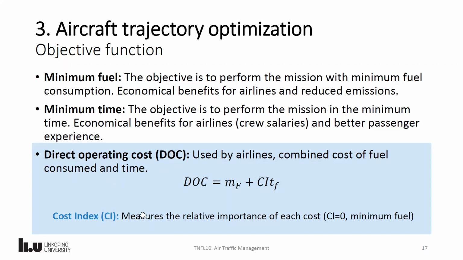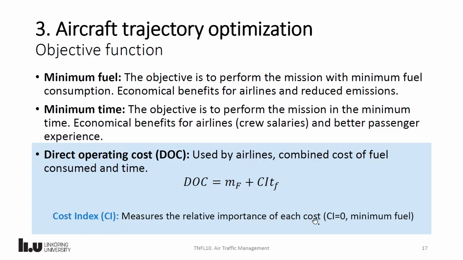It's usually abbreviated as DOC, and is the sum of the consumed fuel and an index that is called the cost index times the time of the mission. So this cost index measures the relative importance of each cost.